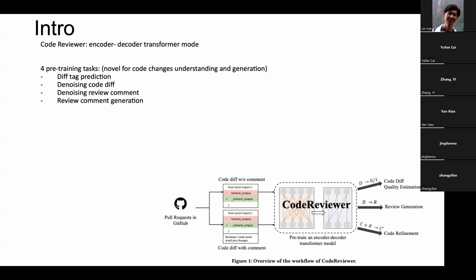They do discuss the influence of these four pre-training tasks, but they didn't compare with CodeBERT. They just compare what your model output is like with all four tasks and without, more like an ablation task, right? Ablation studies.